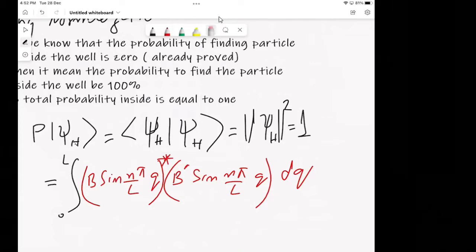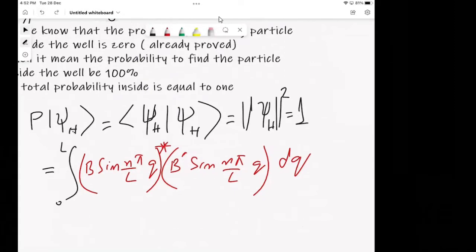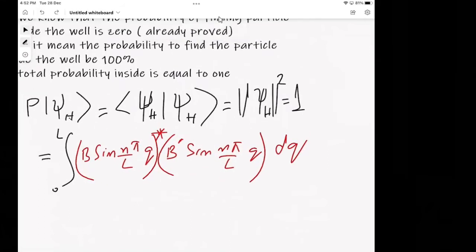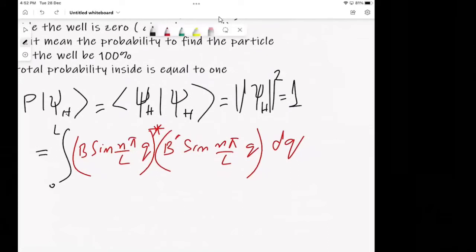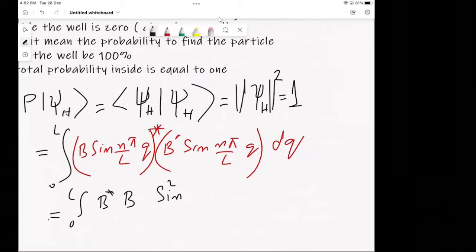So what you will get from this result is the integral from 0 to L of B prime and B times sine squared, because sine star is equal to sine, since sine is a real number, there is no iota. n is real, pi is real, L is real, q is real, that's why it becomes sine squared of n pi over L q dq.